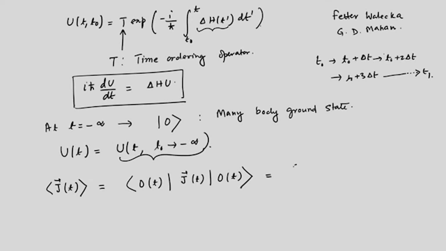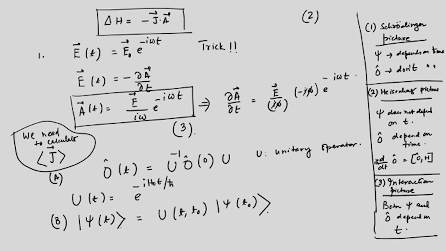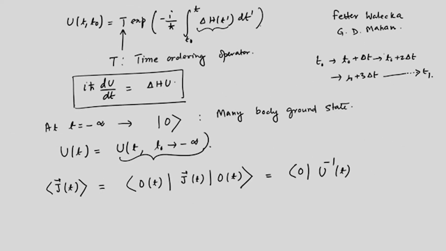So what is this? This is equal to the 0, and then you have a U inverse. I am evolving the state as we have done here, U of t, now t0 is minus infinity. So this, and then j of t, and then U of t, and then 0. This 0 is that many body ground state at t equal to minus infinity.